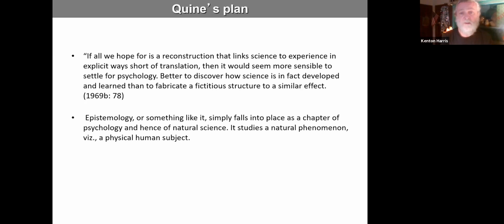The psychologist, the cognitive scientist, the brain scientist, etc., is in a far better place to answer questions about what we can know, how we can know, of what we can be sure, what we should not, how we cannot know, what is beyond our ability to know, what is an unreliable way of forming beliefs, etc. So these are not questions which are off limits to the empirical sciences. No, they are empirical science questions, or at least they should be, according to Quine.